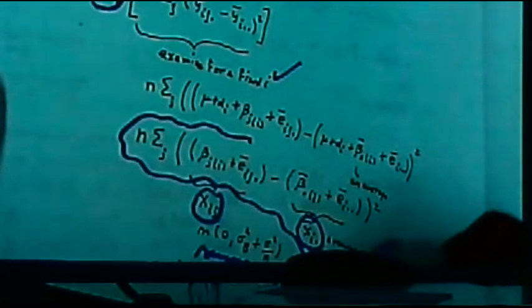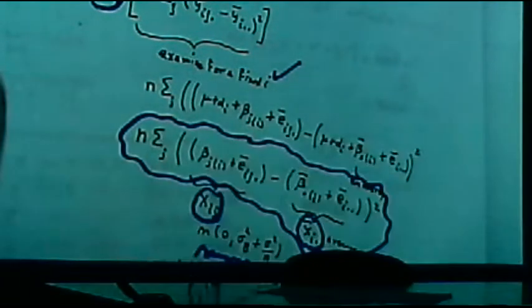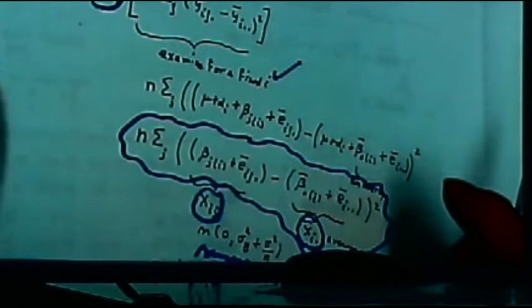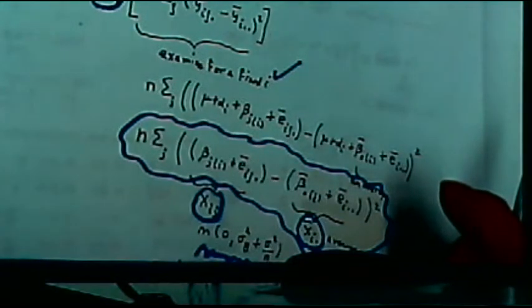So what we have here, looking at this whole thing, is that it's n times the sum on j of x_ij minus x bar i dot, squared.